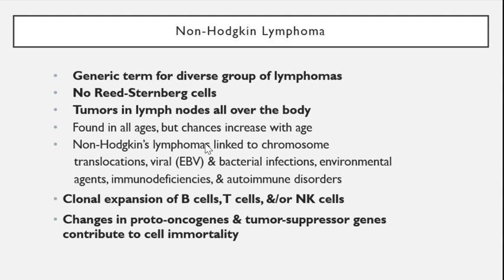So that contrasts to non-Hodgkin's lymphomas, which is just a generic term for all the other lymphomas, right? It's just everything else. It's not Hodgkin's lymphoma, where you have a whole bunch of lymphomas, but there's no Reed-Sternberg cells, and then these tumors can be all over the body.